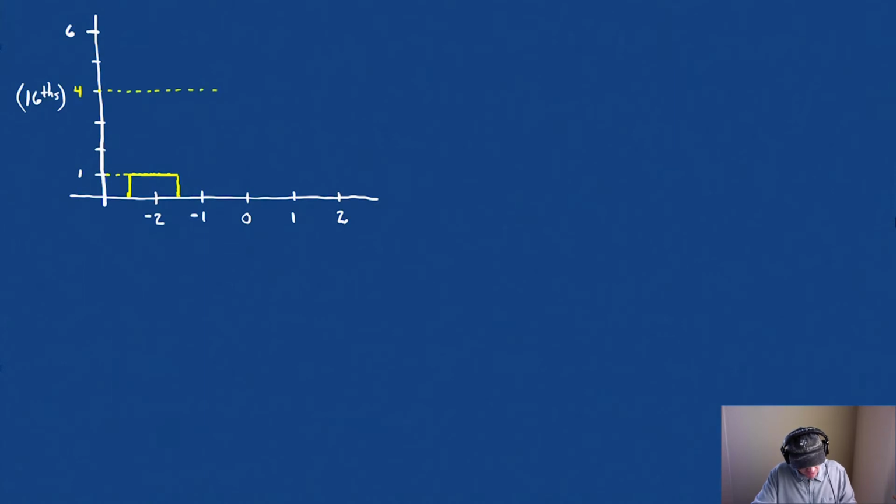So our next bar is going to go all the way up to 4. Okay. Now I'm just using the information from our probability distribution. Our next bar goes all the way up here to 6/16. So negative 0.5 to 0.5, 6/16.